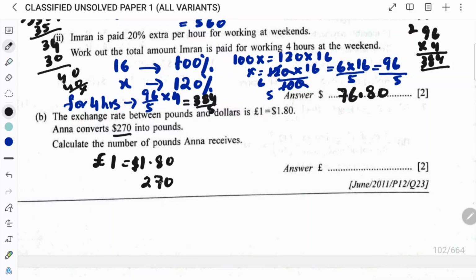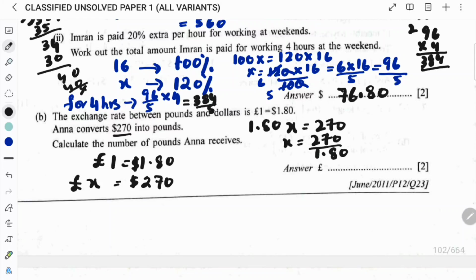You just write down here, and that is how many pounds. Okay, cross multiply. You will get 1.80 times x equals 270 into 1. 270 divided by 1.80. Okay, so that you can do.